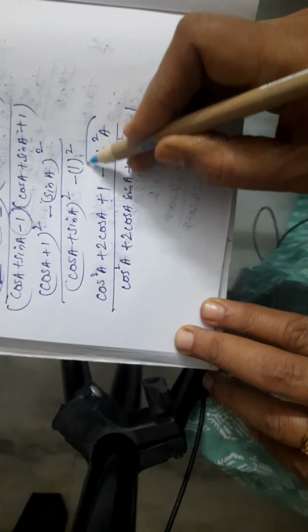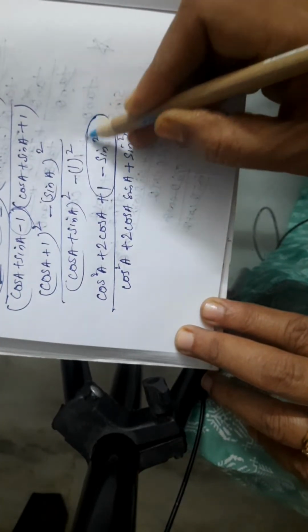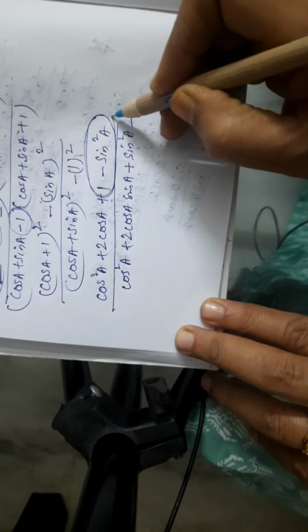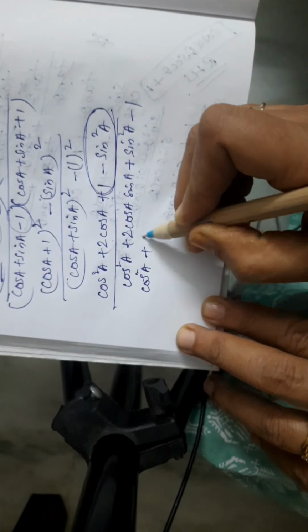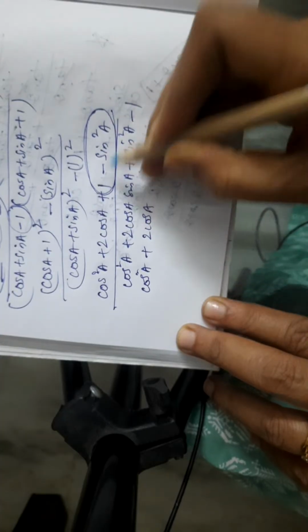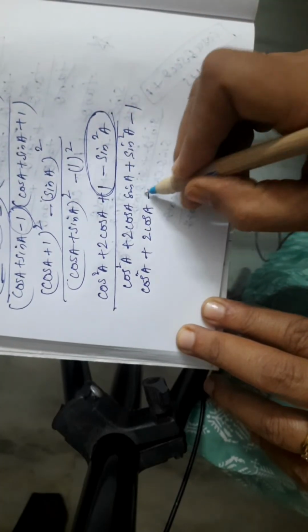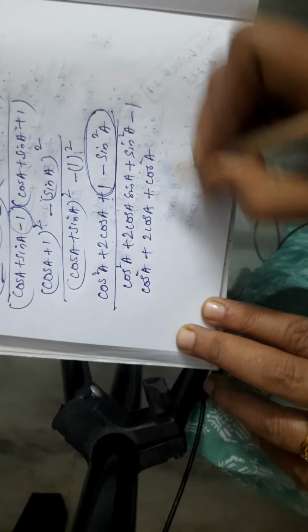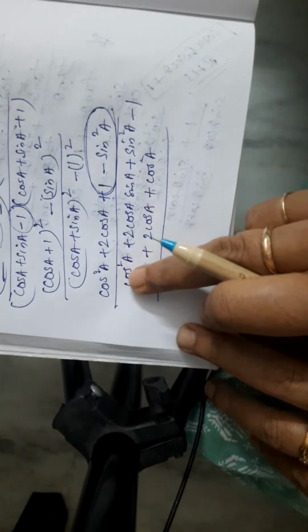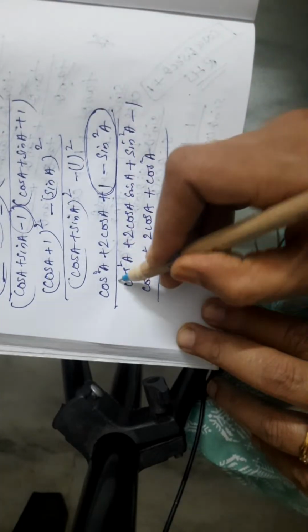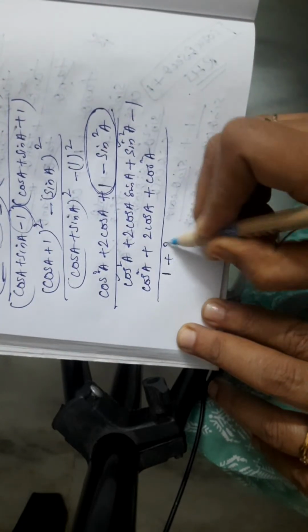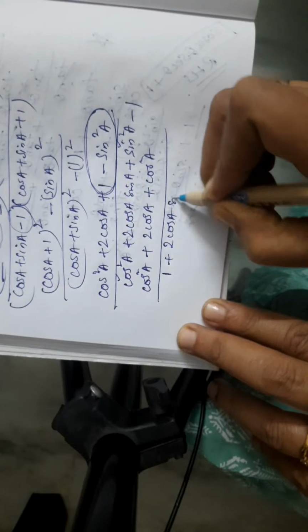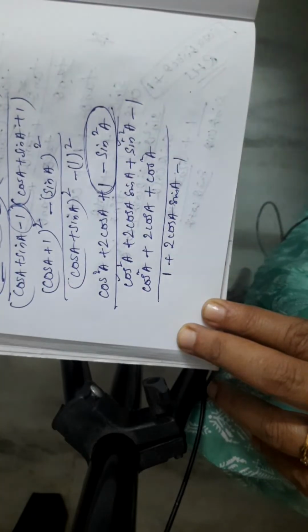Now for the case of 1 minus sin square, we already used the formula, 1 minus sin square A is cos square A. So keep the first cos square A as it is, 2 cos A, and 1 minus sin square is replaced as cos square A. And in the same way cos square A plus sin square A is 1. So these two we can replace with 1 plus 2 cos A sin A minus 1.